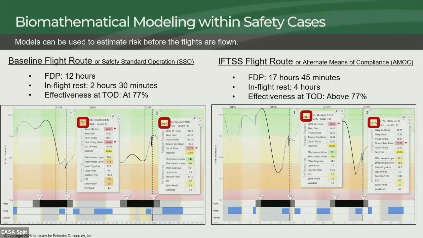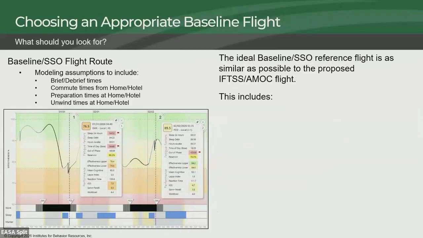So I will go on and explain, well, how do you show that these are similar enough? But before I do that, I want to discuss what you need to have for a baseline flight. So first of all, you want to have all of the things that you would model in a flight that you're actually doing. So commute times, brief times, unwind time, anything that would affect the kind of rest that they'd be able to get. And then you also want to make sure that this baseline flight is as similar as possible to your proposed deviation.